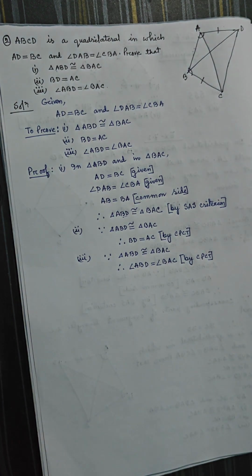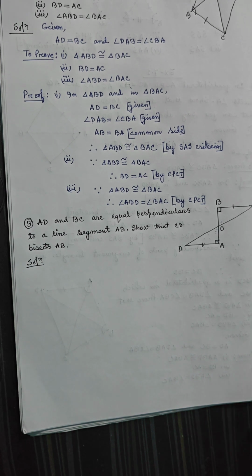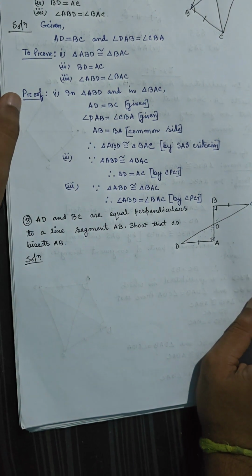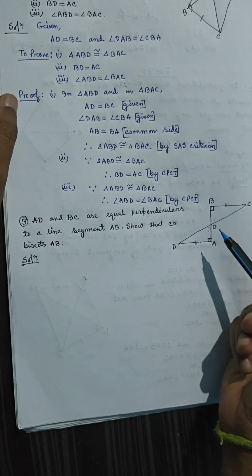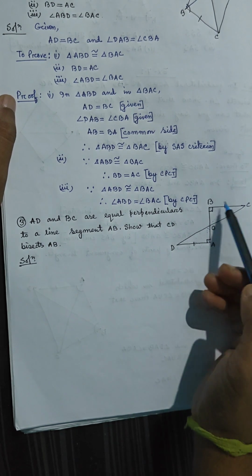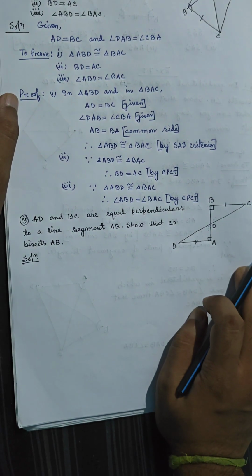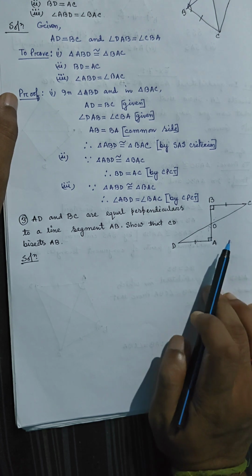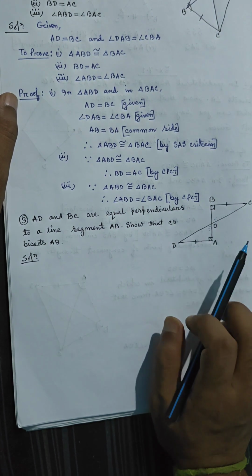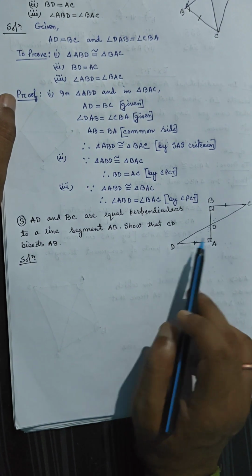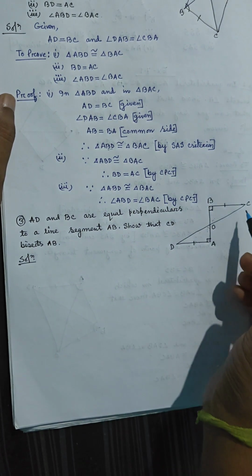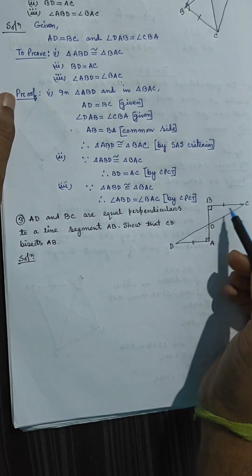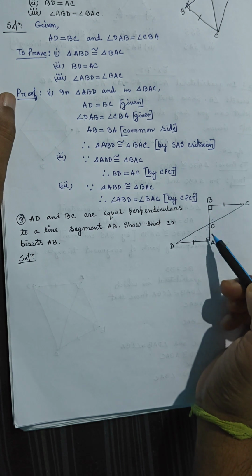That's it, done. So in this question you have to show that CD bisects AB. But before that, AD and BC are two perpendiculars on side AB, and these two perpendiculars are of equal length. That is, the side AD is equal to BC, and these two angles are equal. Since you have to show CD bisects AB, means what?